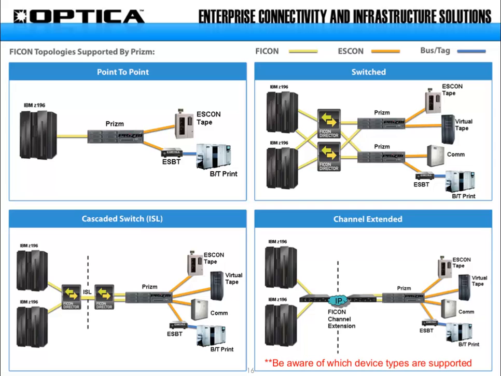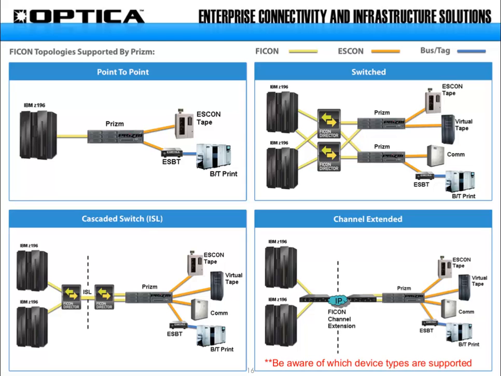And then finally, the IP extended topology. This is probably a relatively small set of System Z customers that leverage IP channel extension, but Prism is a very nice complement to this in that a lot of folks are running ESCON tape or even bus and tag print in a remote data center, and it does not make sense to migrate those to FICON.